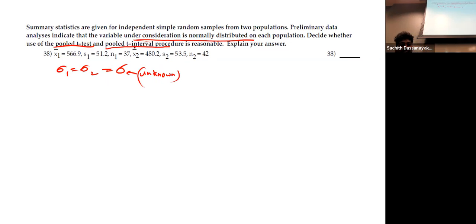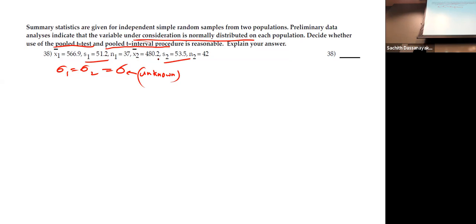What do you think? S1, S2 are given, n1, n2 are also greater than 30, and they are from normally distributed populations. So appropriate or inappropriate? What do you think in this case? Yes. I know these two are different, but they are very close.